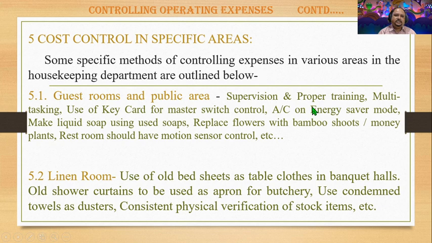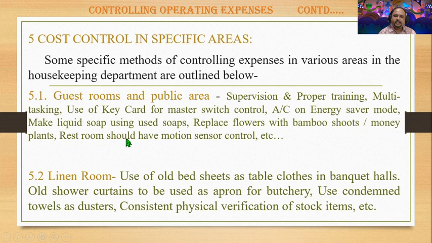Supervision and proper training, multitasking, use of key cards for master switch control, air conditioning on energy saver mode, make liquid soap using used soap, replace flowers with bamboo shoots or money plants, restrooms should have motion sensor control, etc.